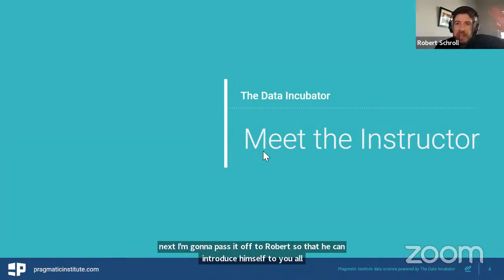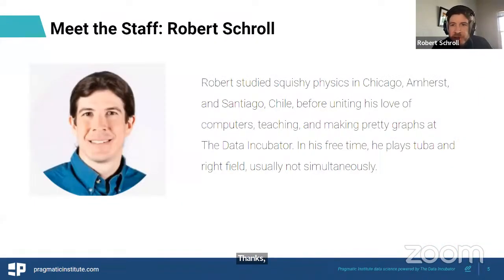Thanks, Raven. My name is Robert Schroll. I'm one of the instructors here at the Data Incubator. I have a background in physics. I was studying physics all over the place, actually, before I finally admitted to myself that I wasn't really having fun doing that. What I was enjoying, though, is playing with computers and doing data analysis. So I switched over to data science, and I've been here at the Data Incubator for the past 7 years.